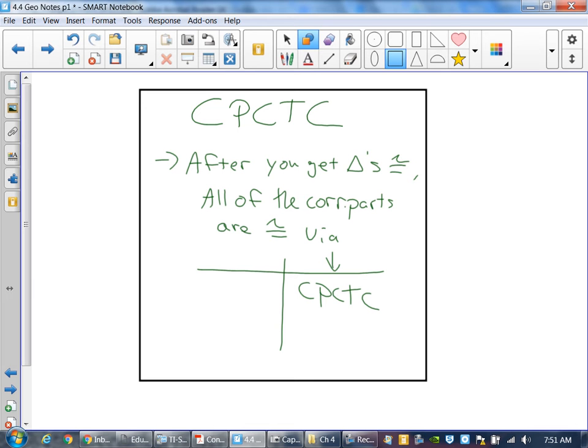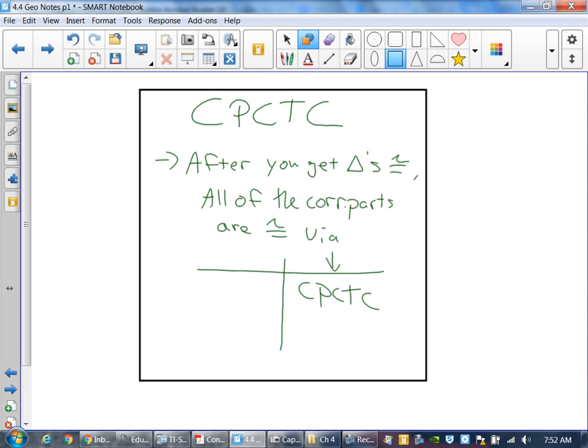So as we go through our proofs today, the ones from last night, I want you to see how this last step comes into play. It's that simple. It's one extra line. A lot of times in the proofs, they'll say, prove angle A is congruent to angle B. It's not going to tell you how to get to the triangle.